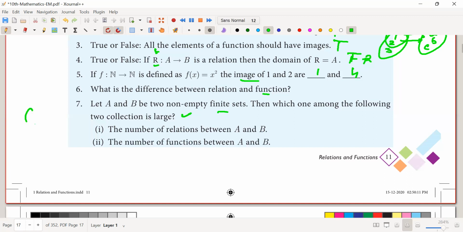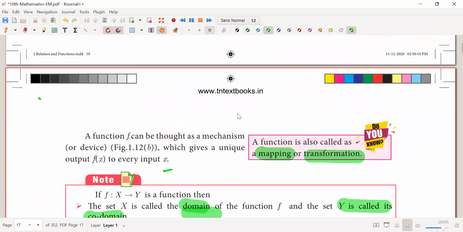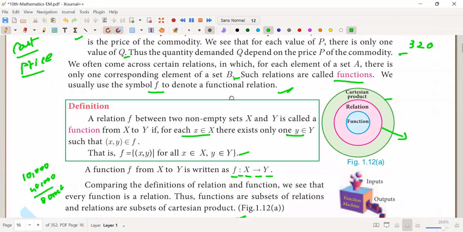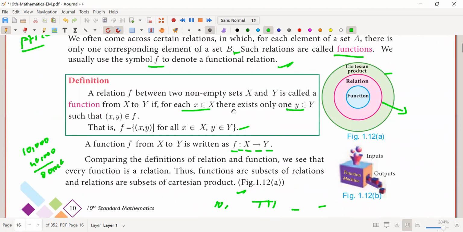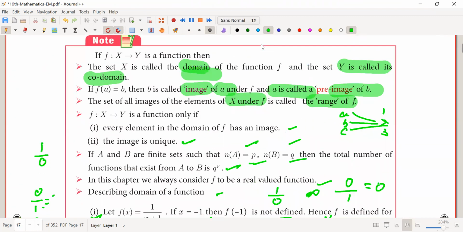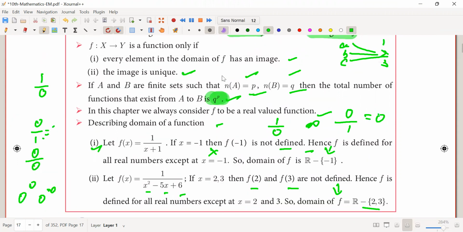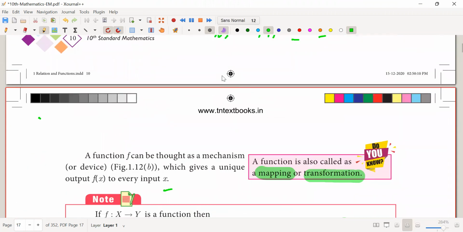In the diagram itself, we saw that relation is bigger and function is inside that. And we came across a formula also. Remember? That's the formula: P power Q. But for relation, the maximum number of relations.